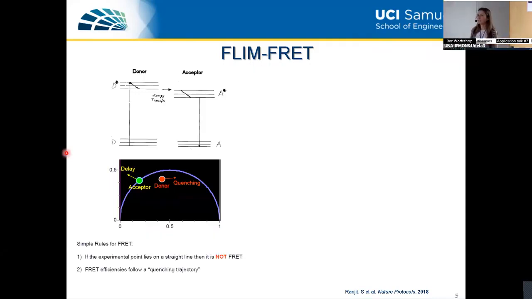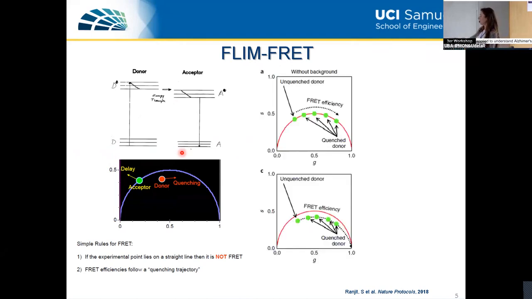Some important points of FLIM FRET: the donor goes in this quench trajectory that is curved. It's not a line, and it's not the linear combination straight line that we saw before. Here we have two different possible scenarios for this quench trajectory.